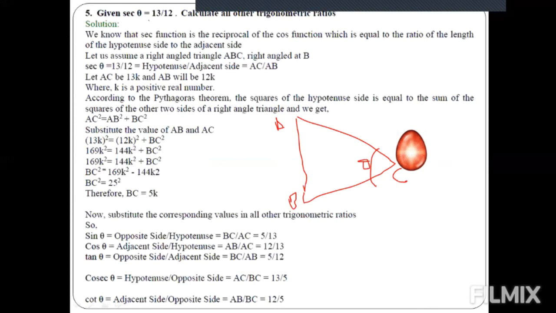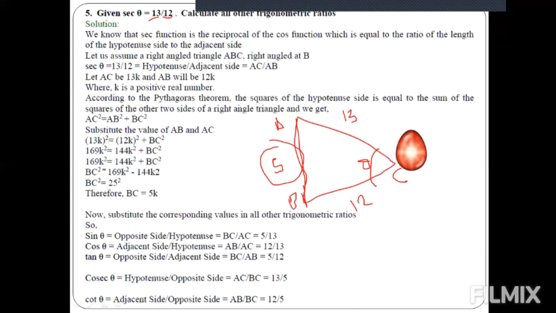So hypotenuse is 13 and adjacent is 12. And the other side will be 5. When you use Pythagoras theorem, you get this as 5. And now you need to find sine, cos, tan, cosecant, cot by using the formulas.